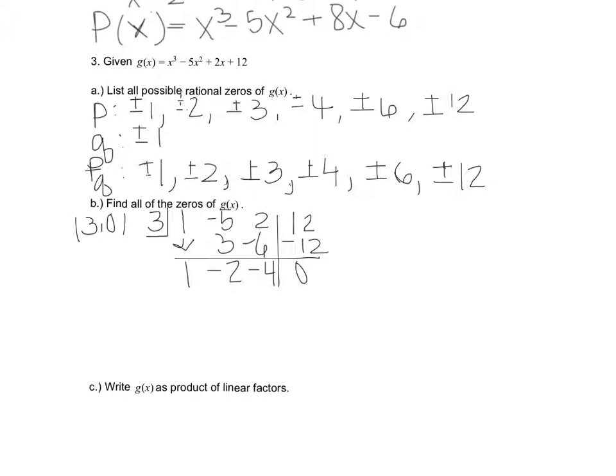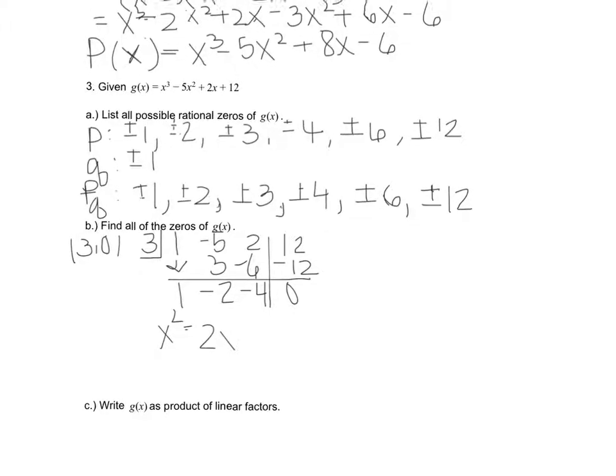And we get 0. So we end up with the quadratic x squared minus 2x minus 4. And then we want to use the quadratic formula to find the rest of our zeros.